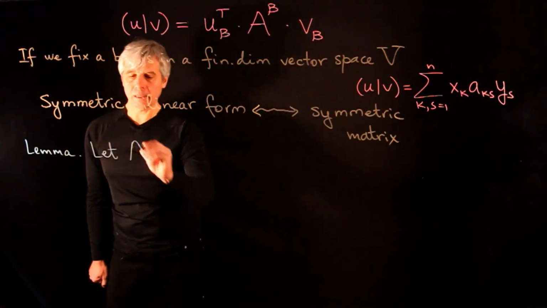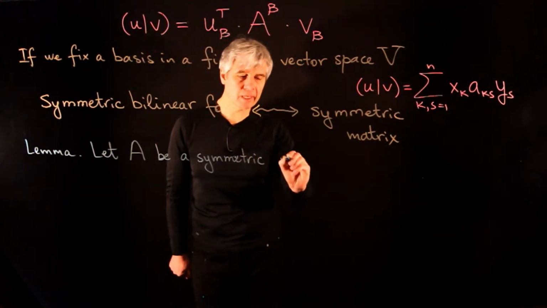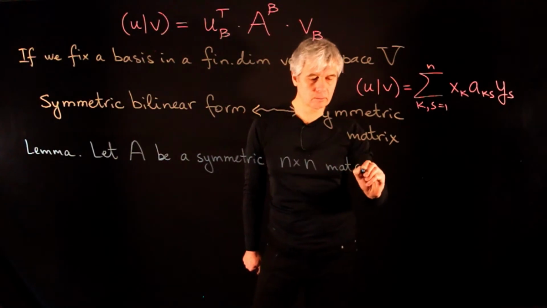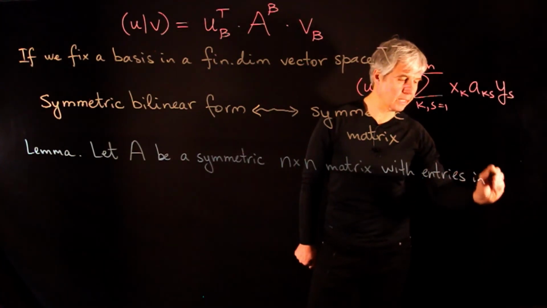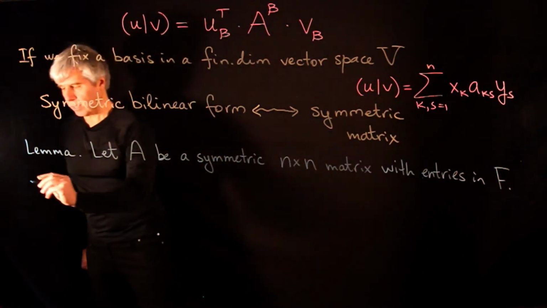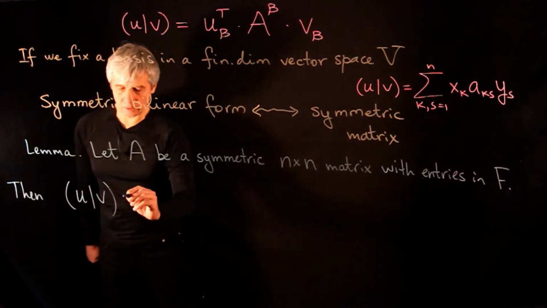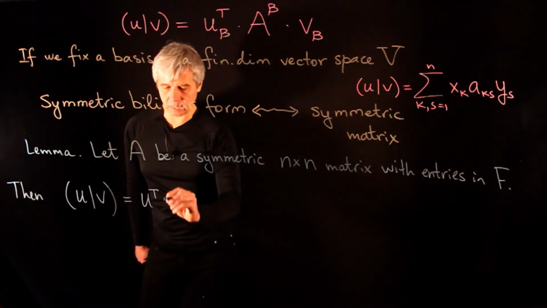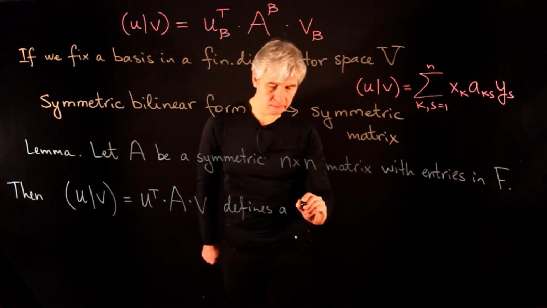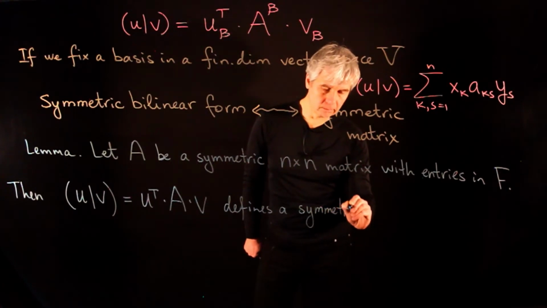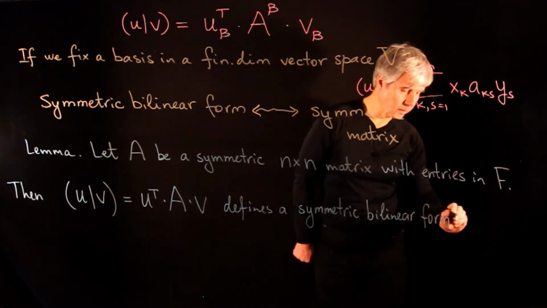Let A be a symmetric n by n matrix with entries in the field F. Then the following expression, (u, v) equal to u transpose times A times v, defines a symmetric bilinear form on the vector space Fn.